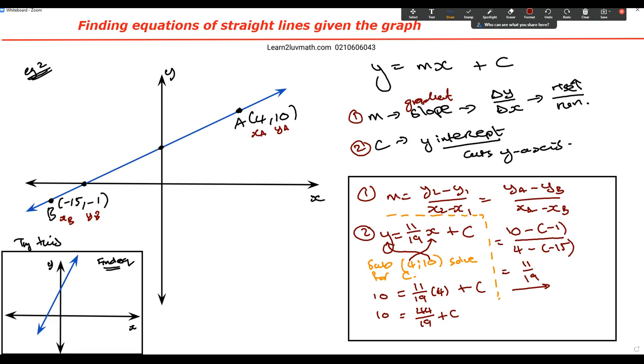On the calculator I'm using, 10 minus 44 over 19 gets me 146 over 19. So my c value comes to 146 over 19. Therefore, I now have my m value and my c value, so my equation is y equals 11 over 19x plus 146 over 19. And that's my final answer.